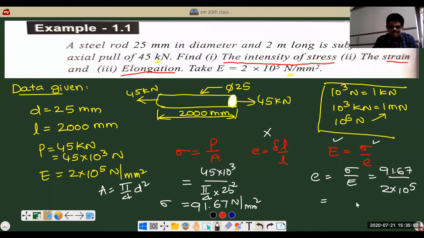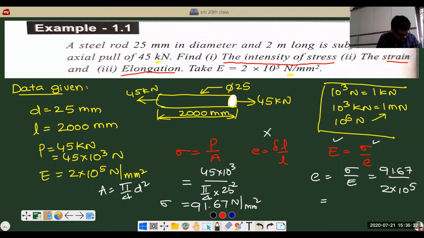Tell me the value. 91.67 by 2 into 10 to the power of 5. See, still the people are typing in the chat box.